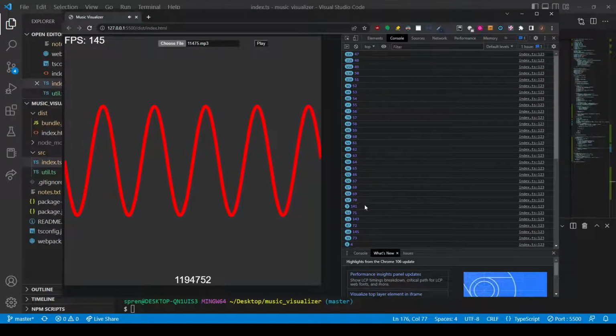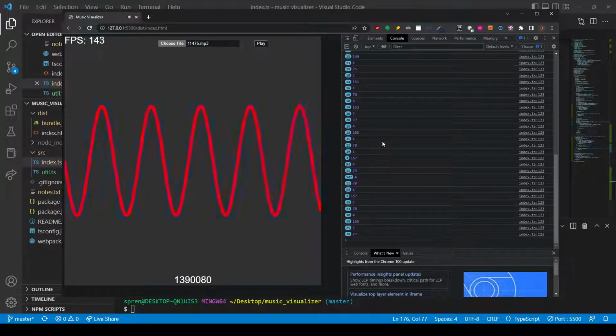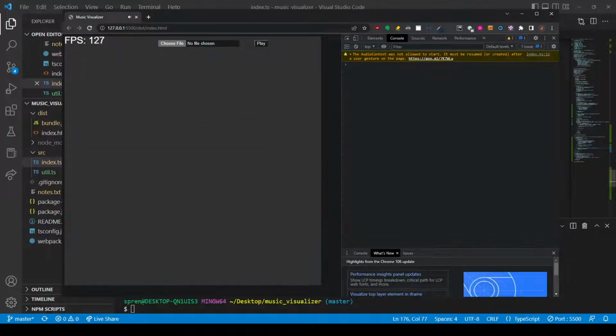No, it starts freaking out at like 70. I could keep fiddling with this. Let's see.